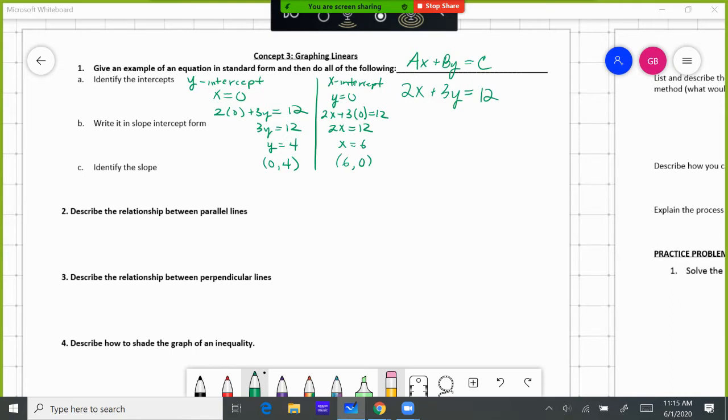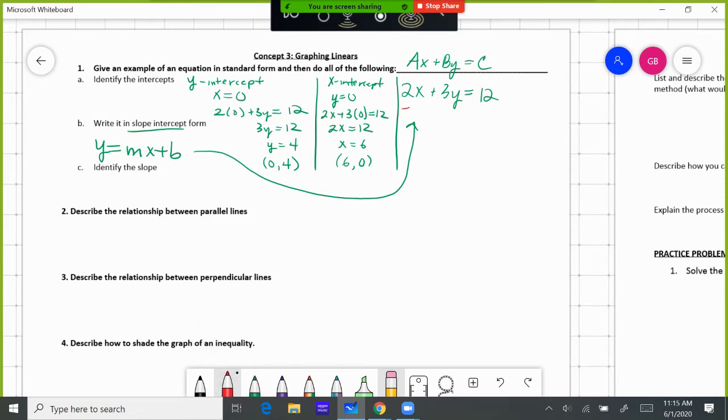Okay, write it in slope-intercept form. Slope-intercept form is y equals mx plus b. So what I'm going to do is solve for y. You want to get the y by itself.